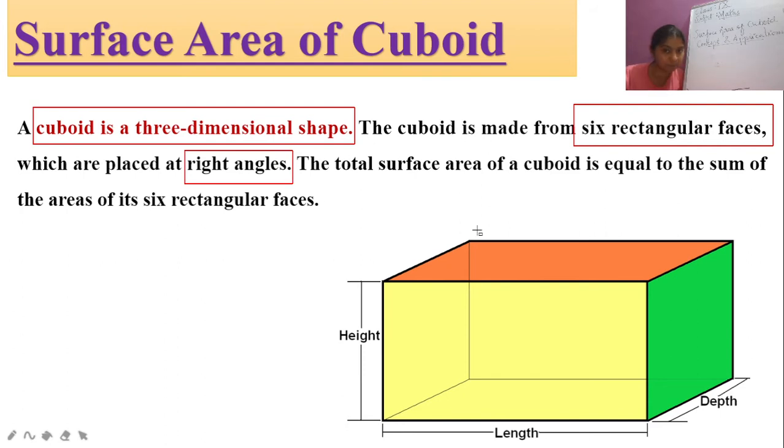Whenever we calculate its surface area, we have to sum all the 6 rectangular faces. Here we can see 6 faces, 1, 2, 3, 4, 5 and 6. For covering all the 6 faces we require the paper, so we will come to know how much paper is required. For that we have particular formulas. Let's see what those formulas are.